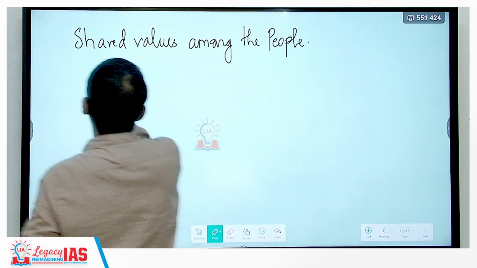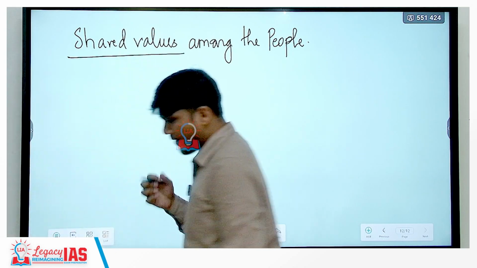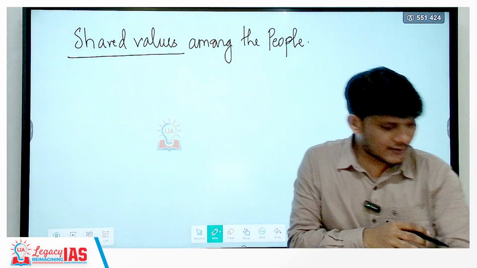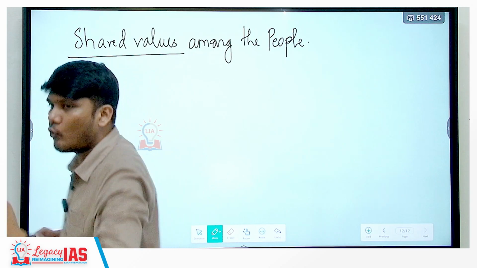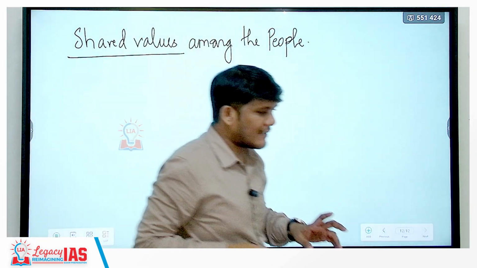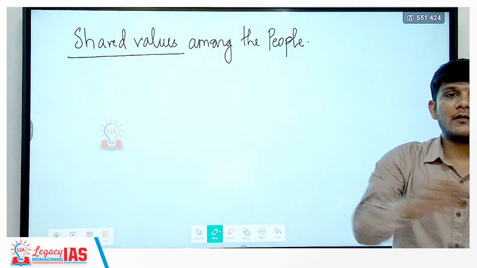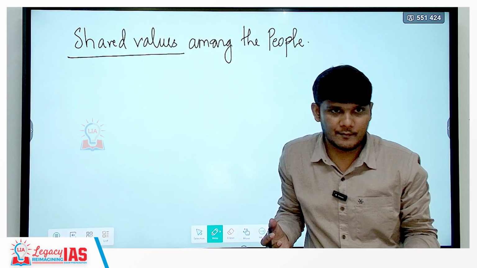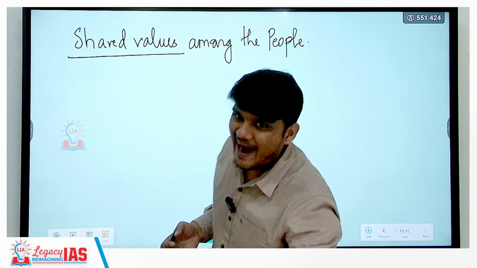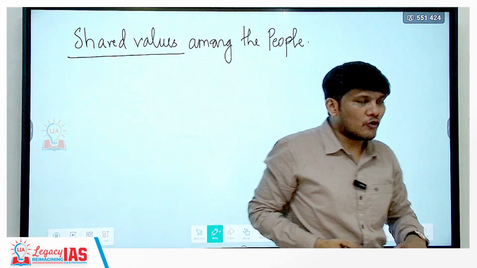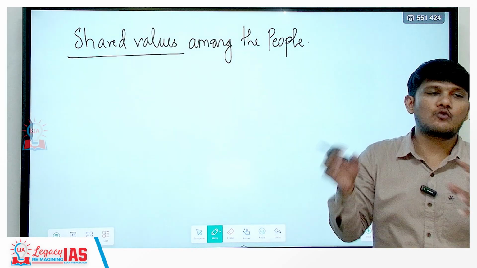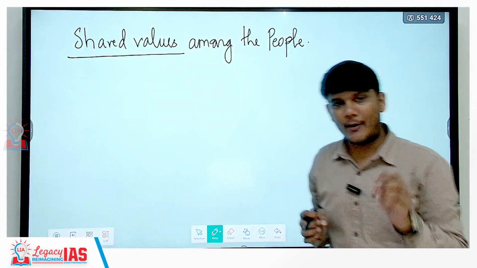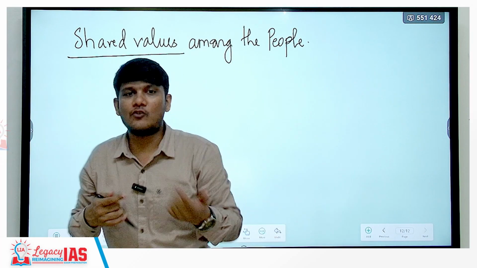For example, that we should not commit crime, it is bad, or we will be punished. That kind of shared value needs to exist in society. When that exists, only then will the society function.